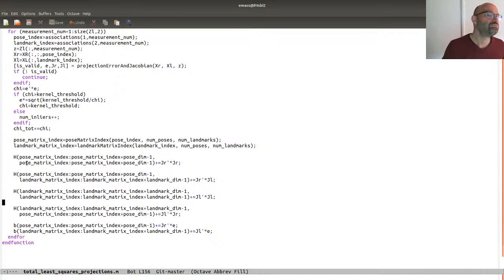Okay, this will be the contribution in the H matrix, which is given by the projection contribution. So this is bundle adjustment basically.